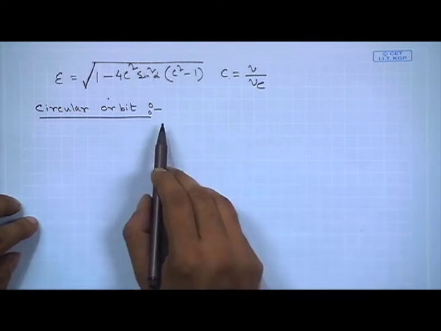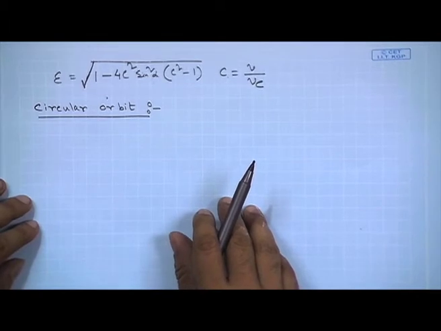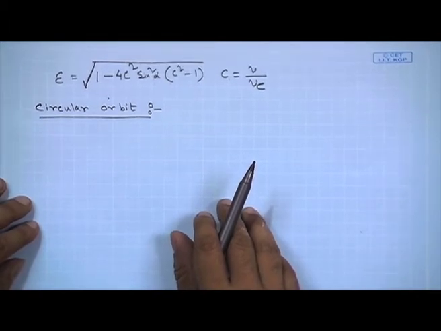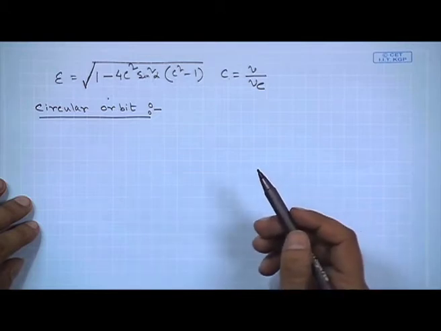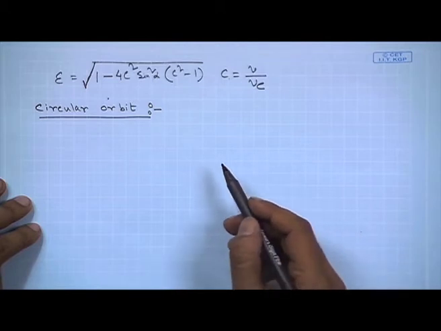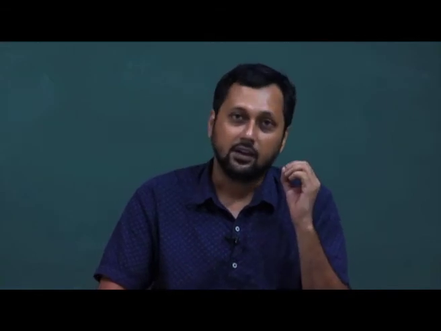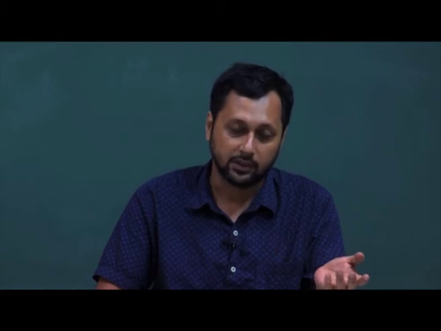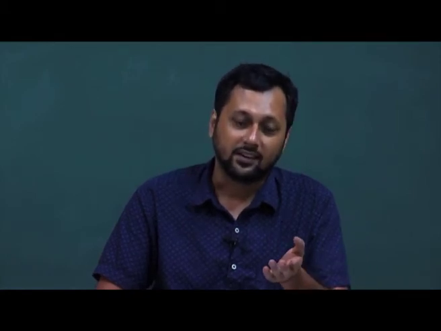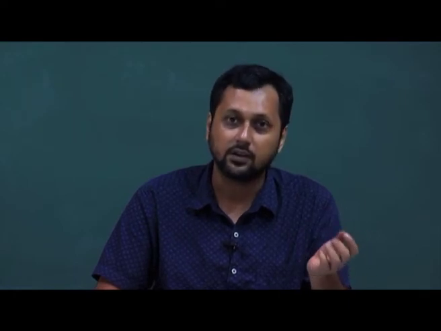So, here we are considering the cases where mass is typically projected from Earth's surface towards outer space. It could be a satellite, it could be a missile, it could be a rocket, and we are trying to see what will be the nature of the orbit. But this particular analysis is equally valid if we want to calculate the trajectory for different heavenly bodies, for example a comet, a shooting star.